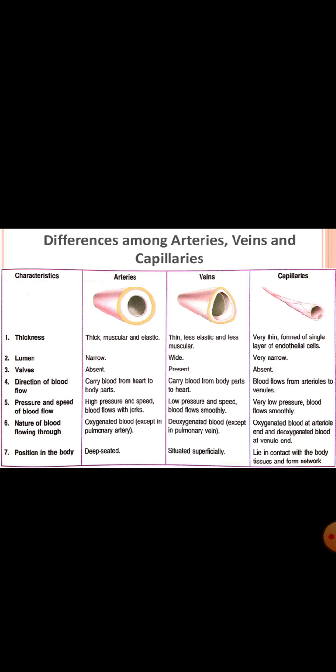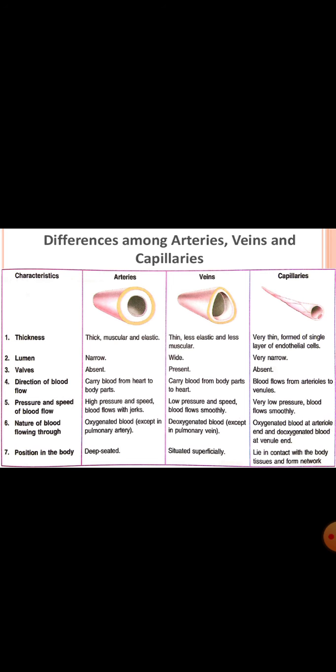Next characteristic is lumen. In arteries, lumen is narrow, in veins it is wide, and in capillaries a very narrow lumen is present. In arteries, valves are absent, while in veins valves are present, and in capillaries valves are absent.